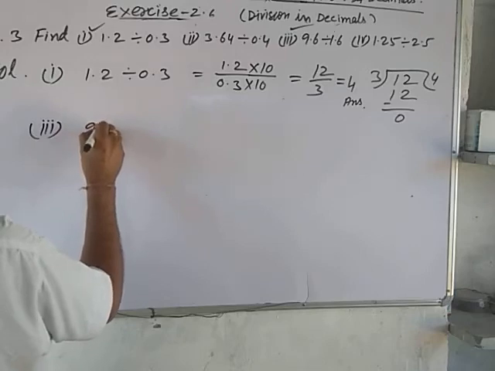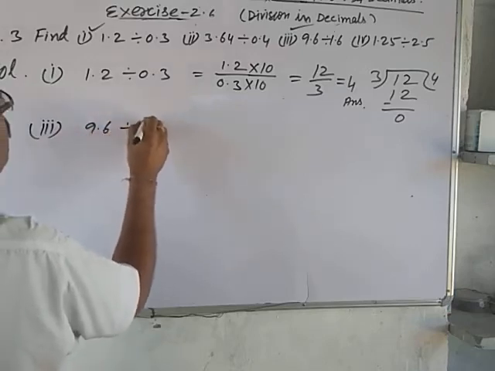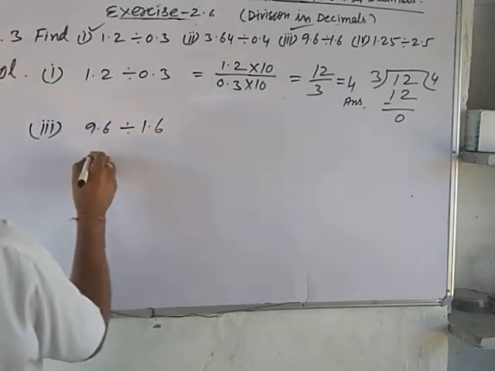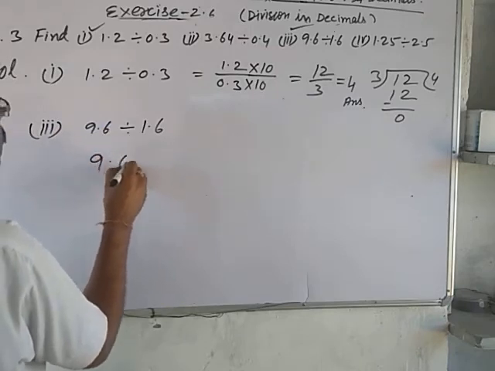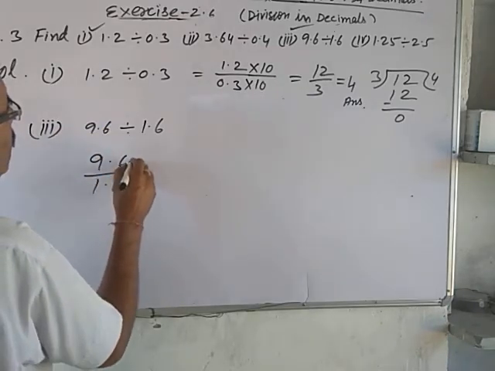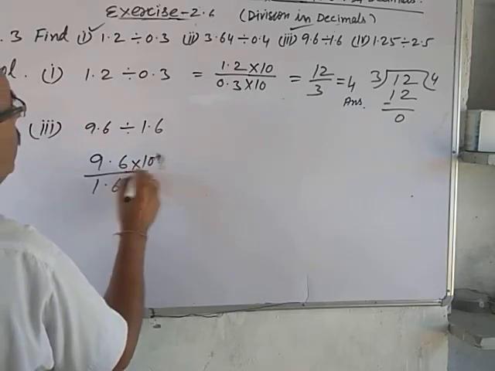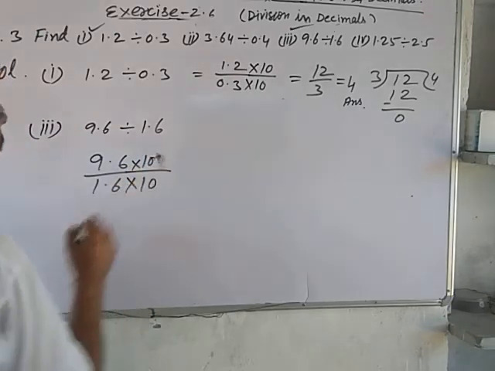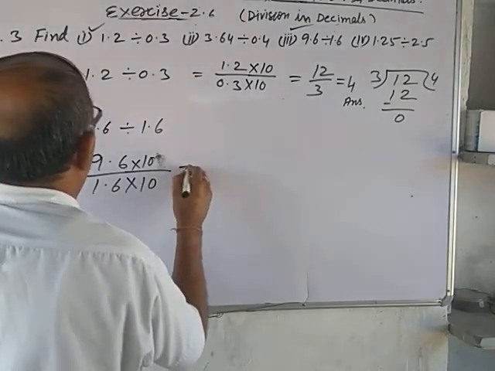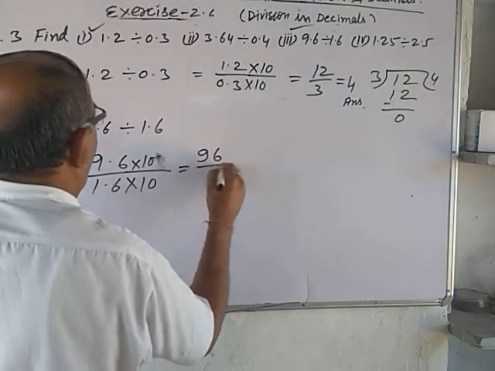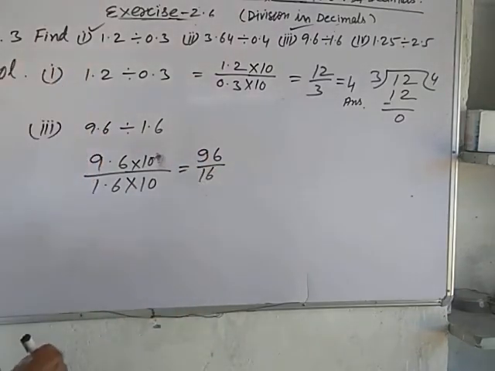Part 3rd is 9.6 divided by 1.6. We can write it 9.6 upon 1.6. Multiplied by 10 with numerator and multiplied by 10 with denominator. So it becomes 96 and it is 16.